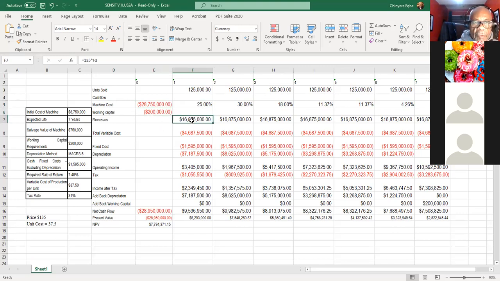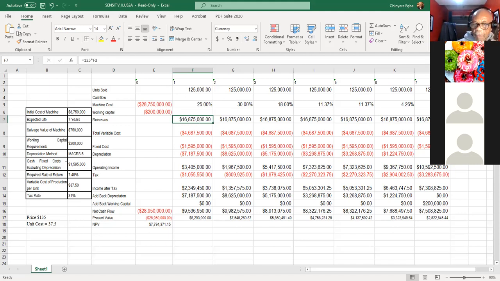And so the revenues are based on the price, and the selling price is $135 per unit. And when you multiply 135 by the quantity, you get 16.8 million. Okay, and that is constant.